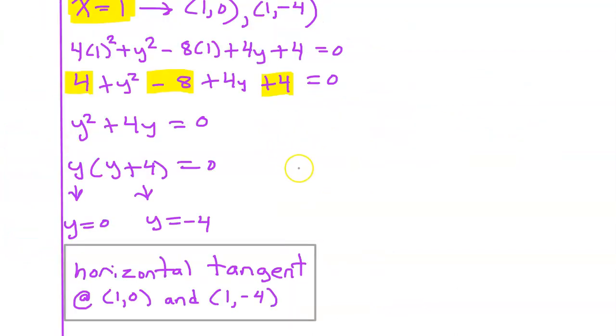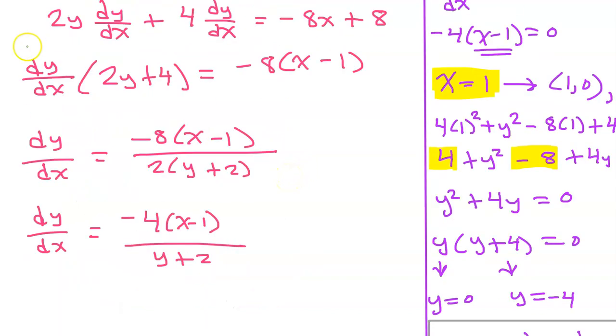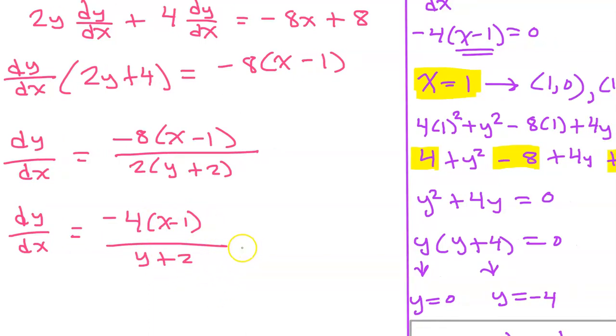Next, we need to find the points at which we have a vertical tangent line. For a vertical tangent line, we need dy/dx to be undefined. A fraction will be undefined when the denominator is equal to 0.